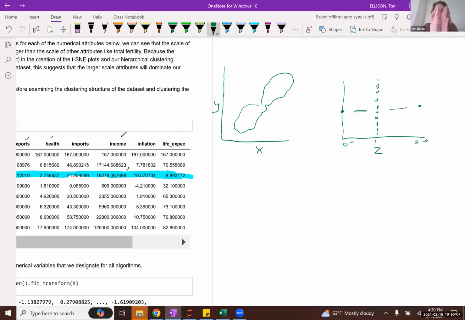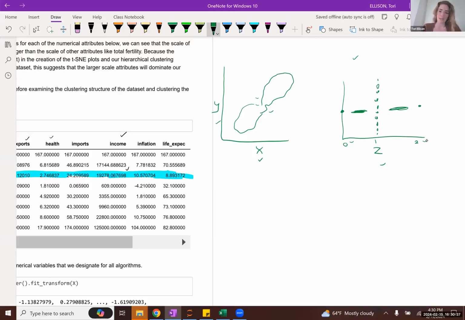So basically, even if X, Y, and Z have the same scale, because the gaps that exist in the Z variable are so large in comparison to the gaps that exist in X and Y, even if you scale those variables, Z's gaps are going to have a very strong dominance on the nature of the clustering structure that you see.